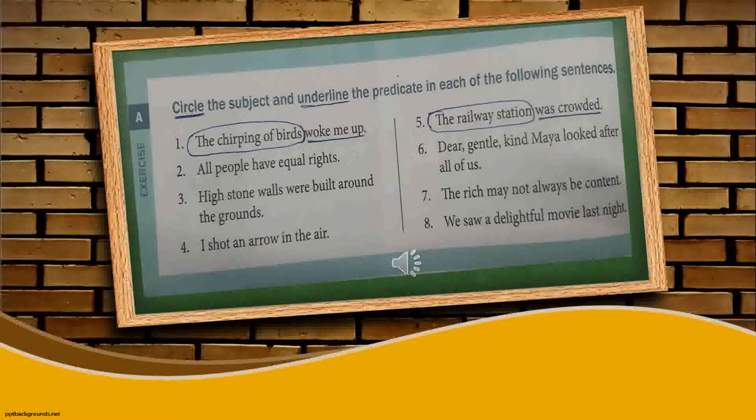So here in the second case, all people have equal rights. Here the verb is have. So automatically the predicate of this sentence will be have equal rights and the subject of the sentence will be all people. In this way you have to do all the remaining 6 questions.